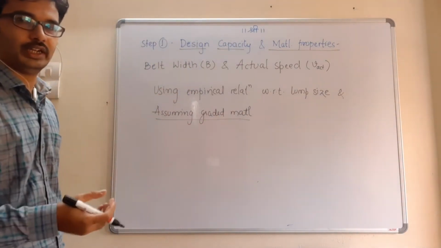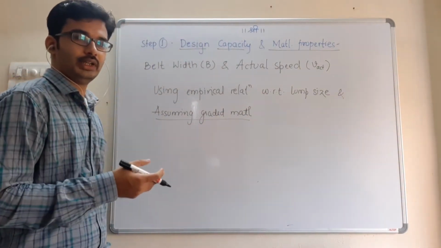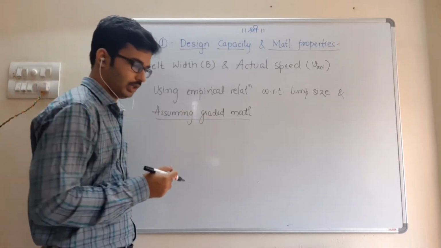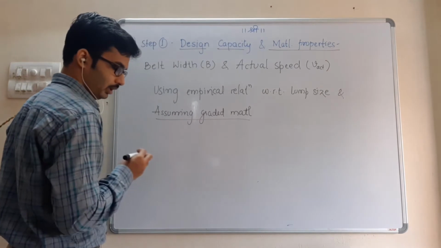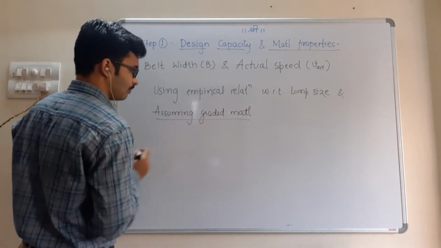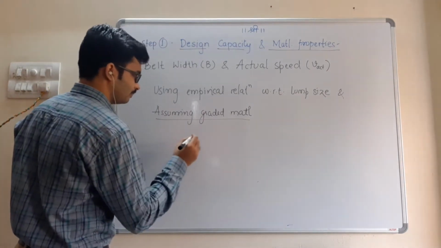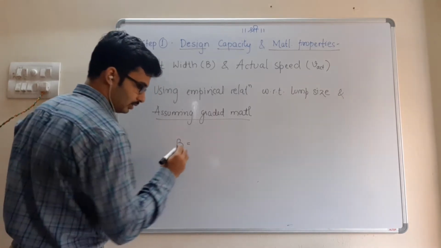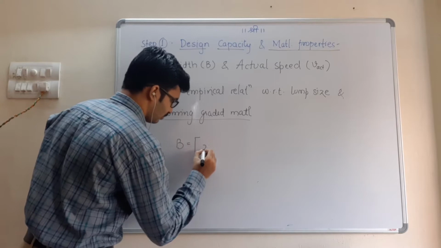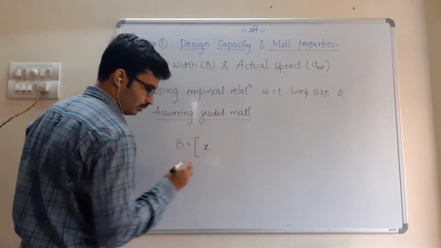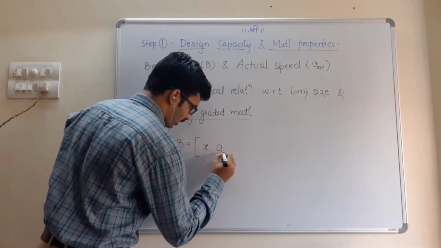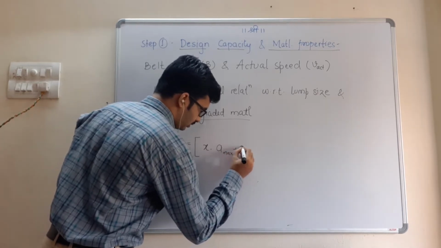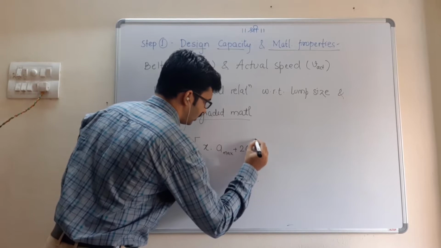Because for ungraded material we have a different relation, and for graded material we have a different relation. So for graded material, this B is given as x into A max plus 200.